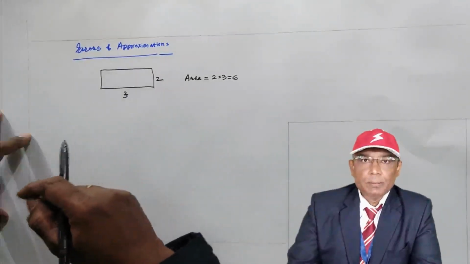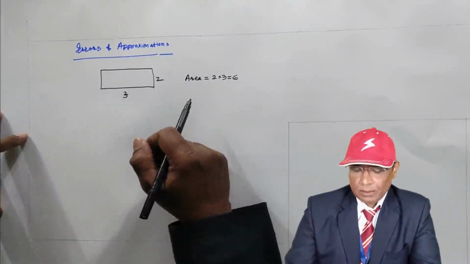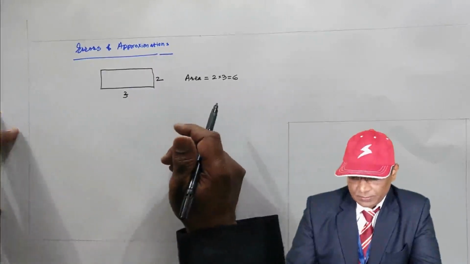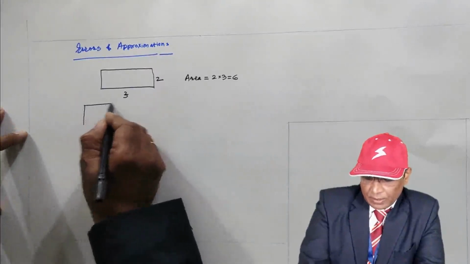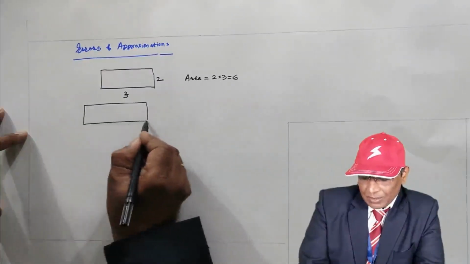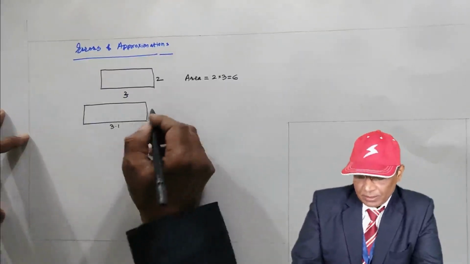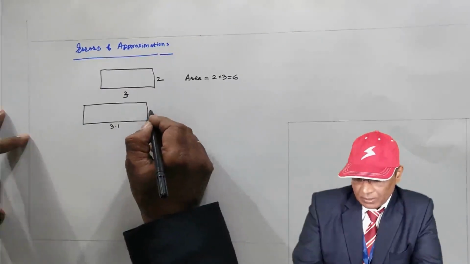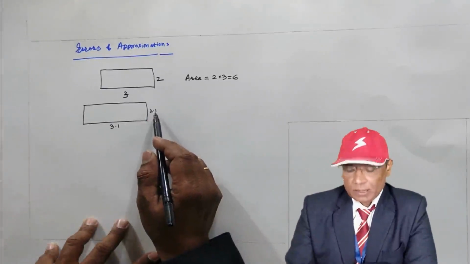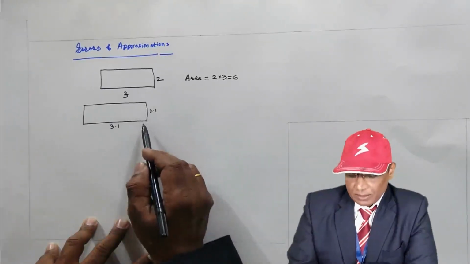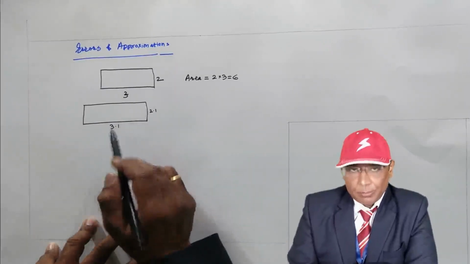But while measuring the length and breadth of the rectangle, any board or any sheet, if I commit a little mistake, say 3.1 is the breadth and 2.1 the length while measuring. So 0.1 is the error that occurred in length, and 0.1 error occurred while measuring breadth.